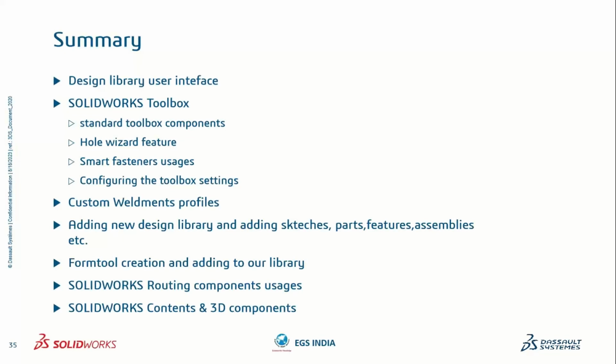And then adding new library features, sketches, parts, and assemblies to our library so we can use them easily. And the forming tool creation and adding forming tools to our libraries for our sheet metal components will make it easier to work.